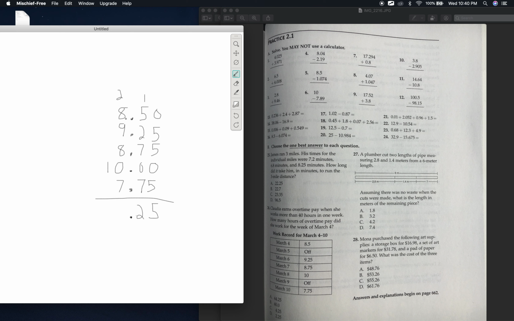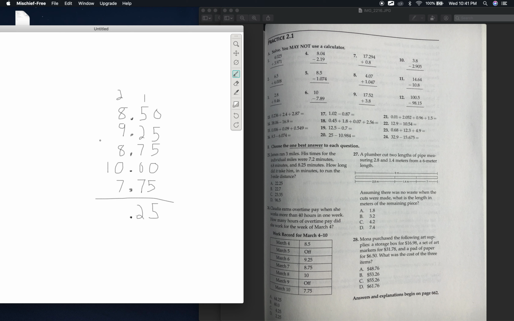Wait, what did I say? Yeah, 19 plus 8 is 27, plus 7, so 27 plus 7 is 34.